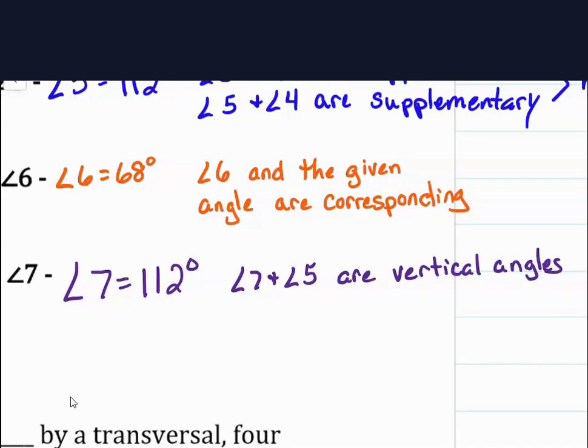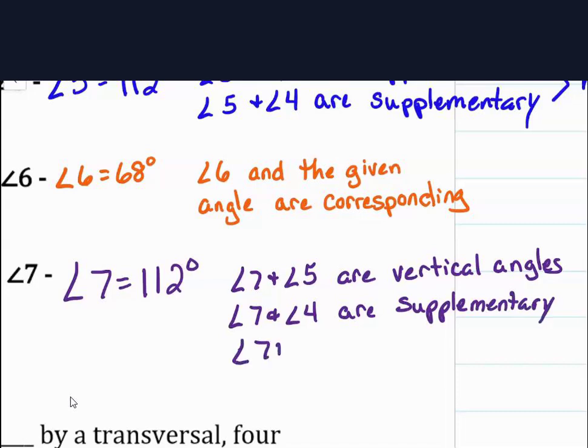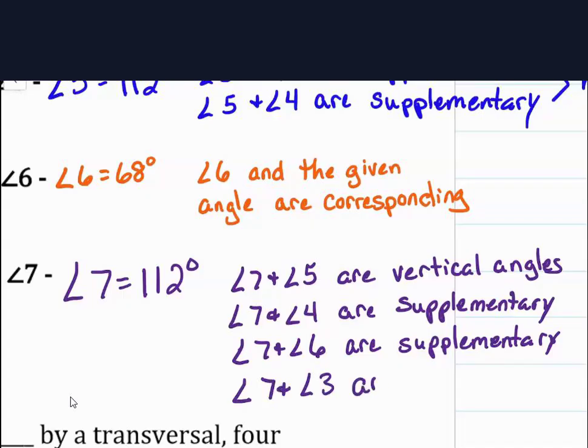Angle 7 and angle 4 are supplementary. Angle 7 and angle 6 are supplementary. And then angle 7 and angle 3 are corresponding.